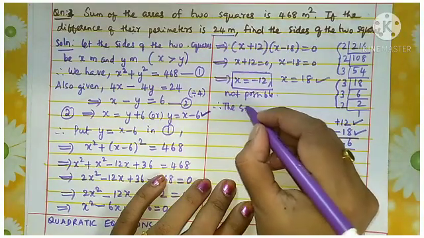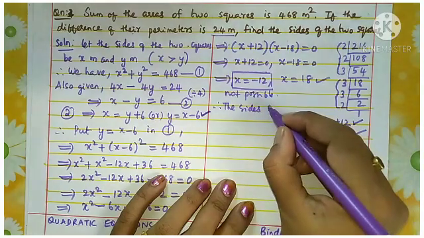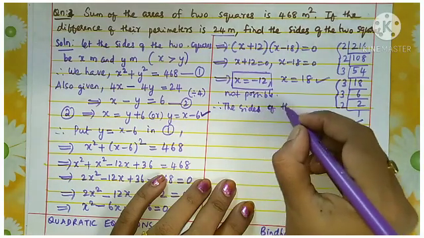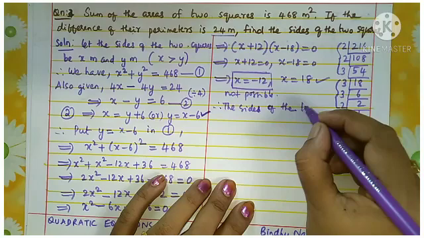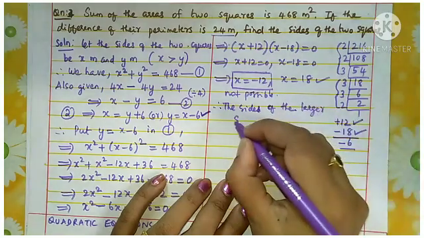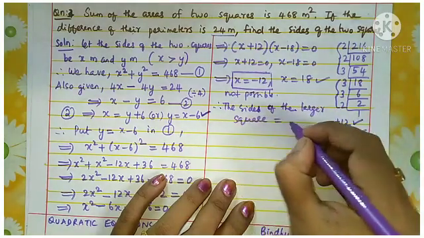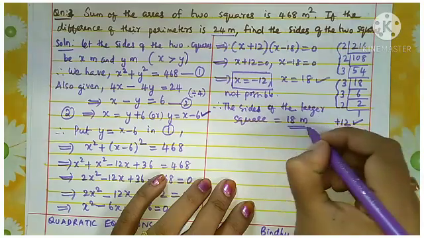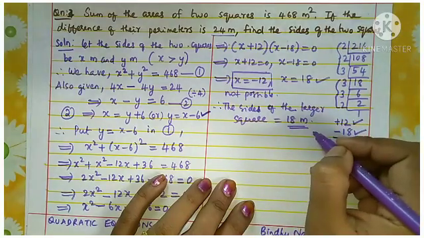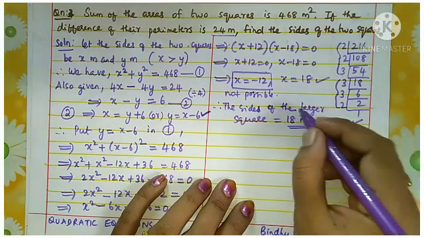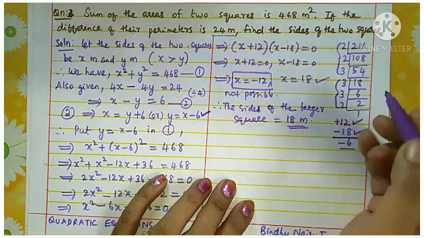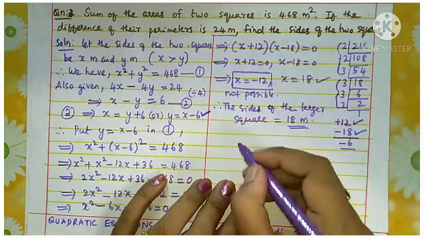Okay, so therefore the side of the larger square, we got 18 meters. So this is only possible. Now using this value we need to find the side of the other square.